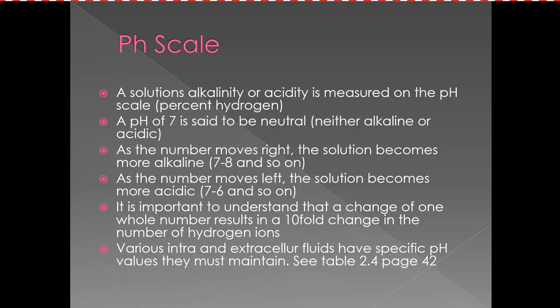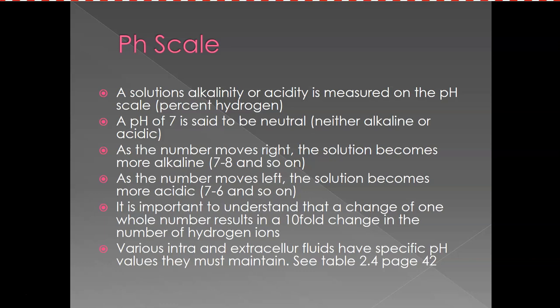So when we go back to the pH scale, we said that a pH scale measures the percent of hydrogen, and it is the percentage of hydrogen that determines whether a solution is more acidic or more base. And as I said earlier, a pH of 7 is said to be neutral, which is neither alkaline nor acidic.